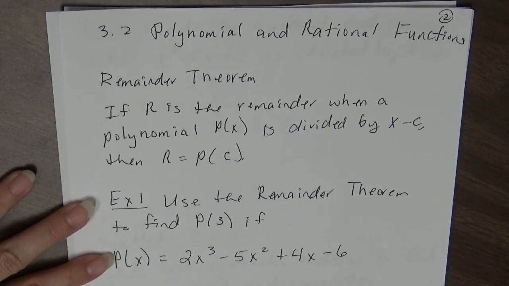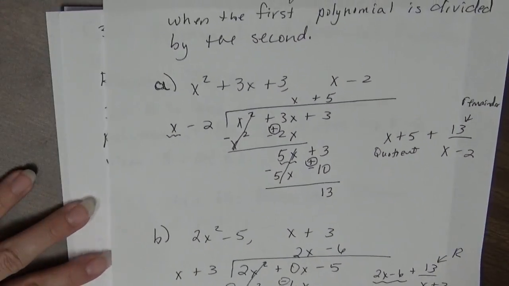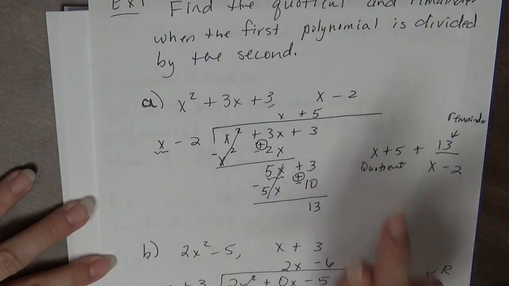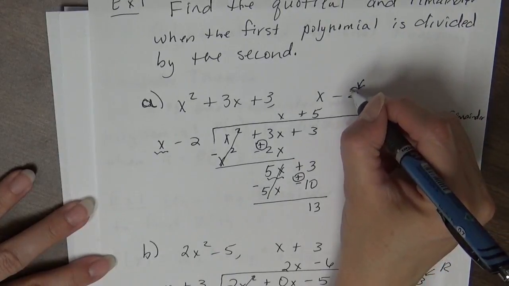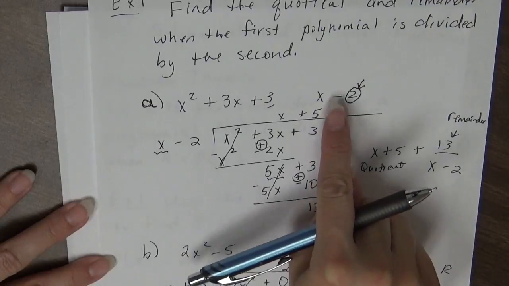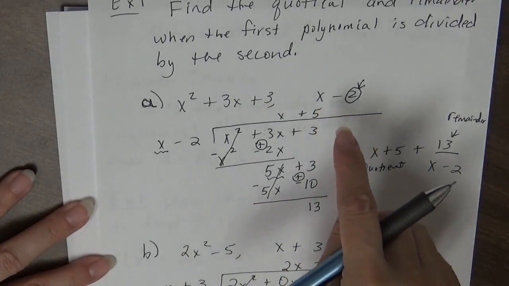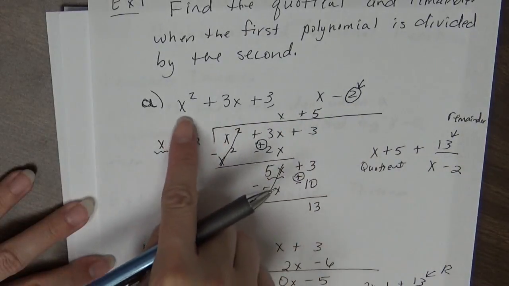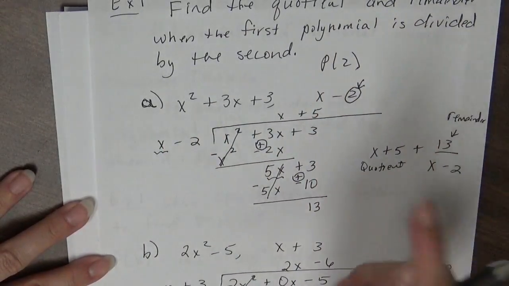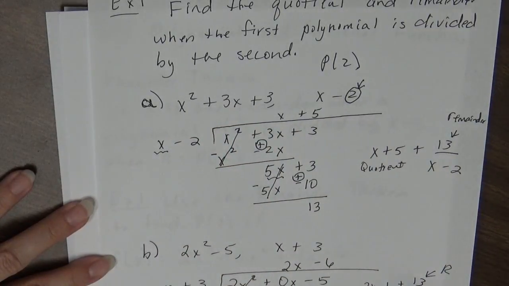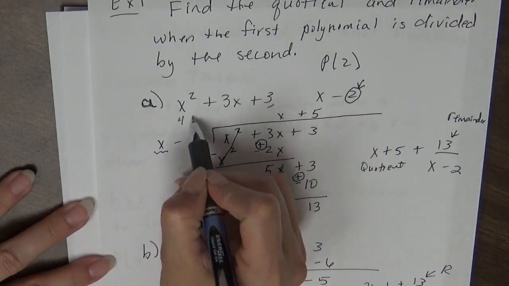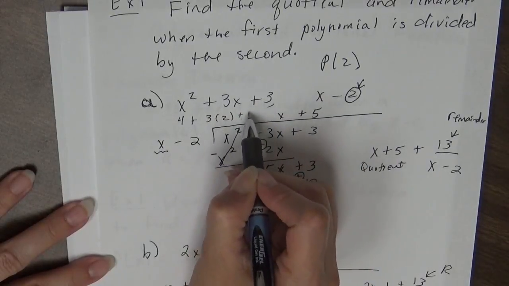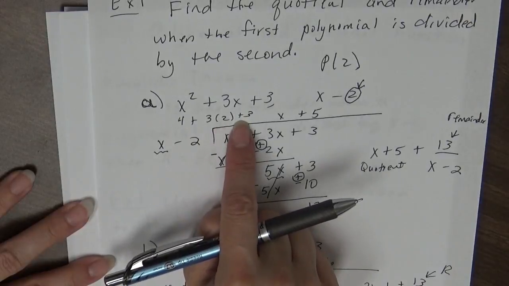What this is actually saying is that if you divide a polynomial like we just did in number 1, where we divided by x minus 2, and we look at that constant, just the number 2, not the minus, and evaluate the polynomial by putting 2 in for x, so finding p of 2, that would give us 4 plus 3 times 2 plus 3. 4 plus 6 is 10. 10 plus 3 is 13.